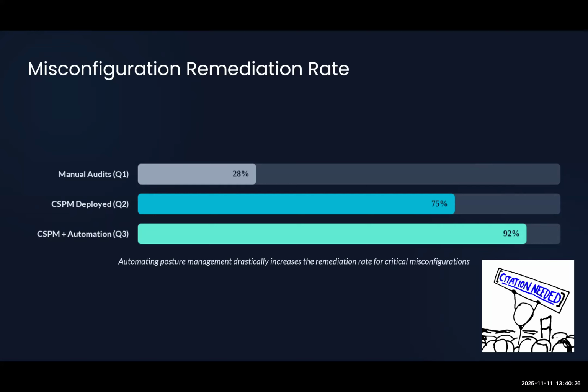Up to 75% of vulnerabilities are identified and perhaps remediated. You start automating your solution, your policy, your program, your workflows with a CSPM, and the CSPM finds a finding, and then you've automated a solution to fix that finding, and now you have a very high reduction of vulnerabilities. So you're remediating a very high rate of vulnerabilities.